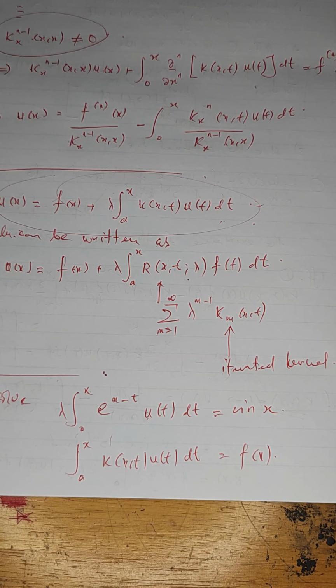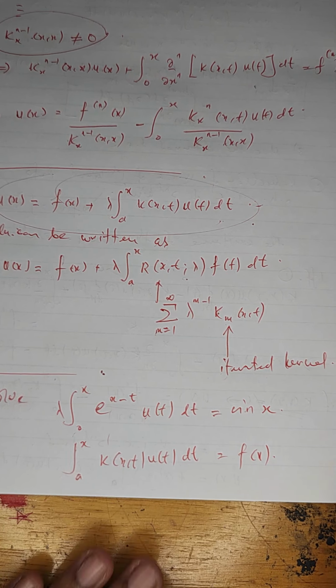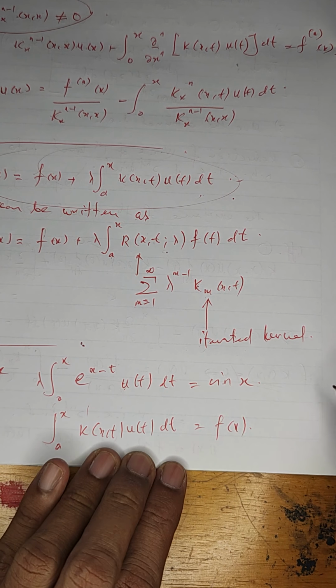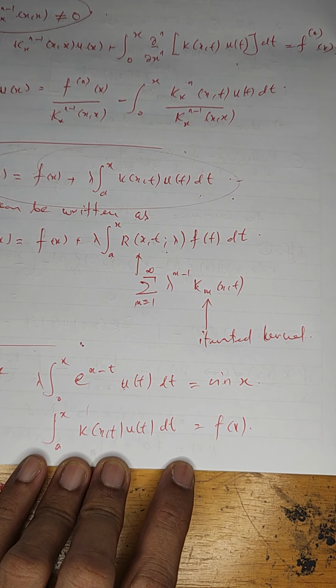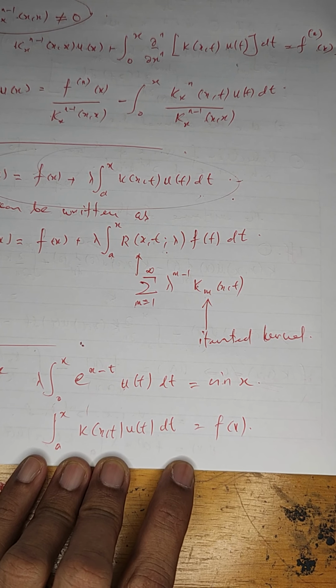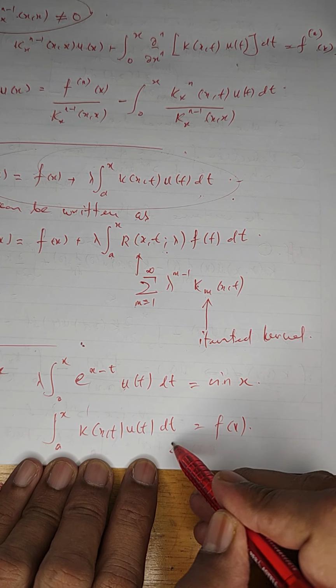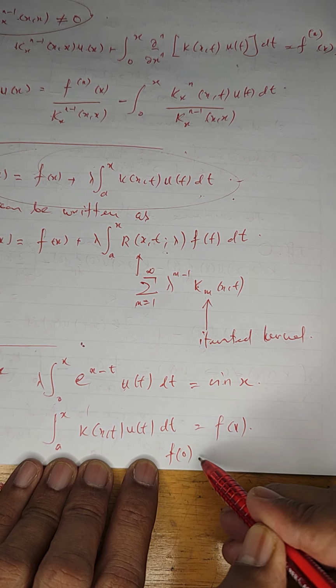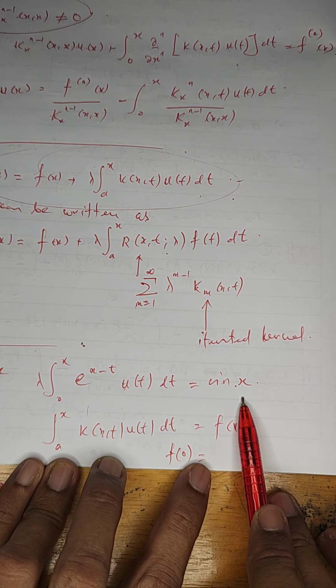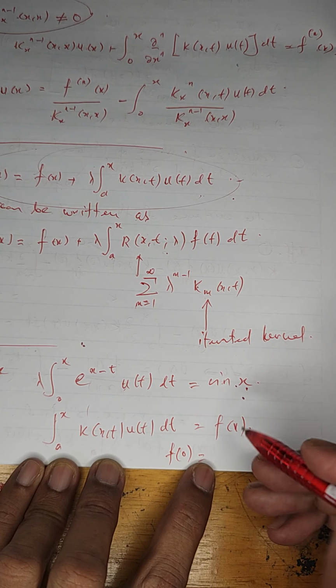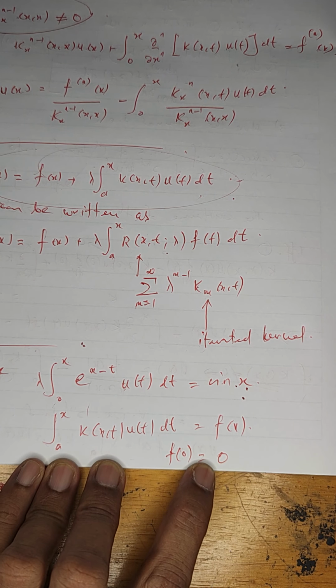Now, to ensure the existence of a continuous solution, what we need to check is f(0). In this case our f is sine, so sin 0 is 0, so that gives you f(0) equal to 0.